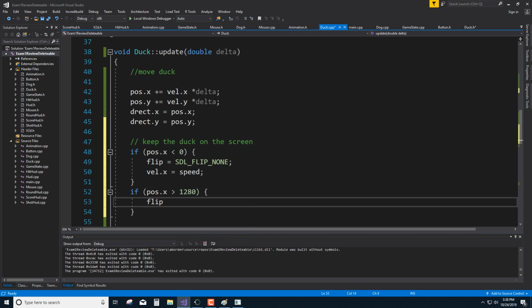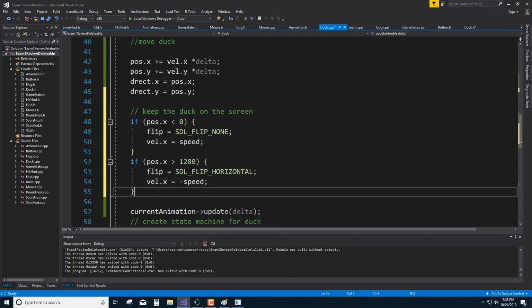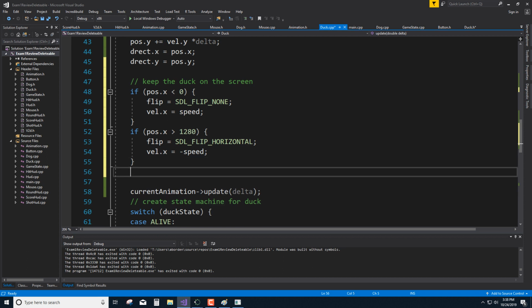Flip equals horizontal, SDL flip horizontal. Velocity.x equals what? Speed. That will keep him going right off the screen. Negative speed. That works. Of course it works.